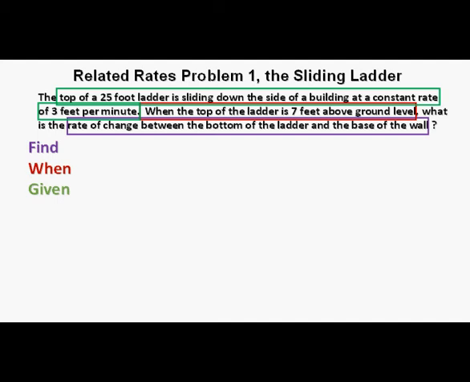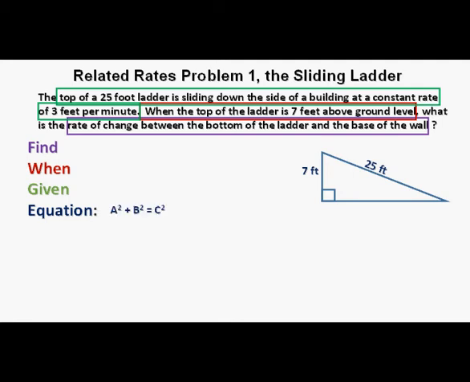The last thing we'll need is an equation. Before getting the equation, let's draw a picture. We have a right triangle with a hypotenuse of 25 feet and the vertical leg of the triangle on the left of 7 feet. The equation that defines this triangle is perhaps the most famous equation in mathematics, the Pythagorean theorem, a squared plus b squared equals c squared.